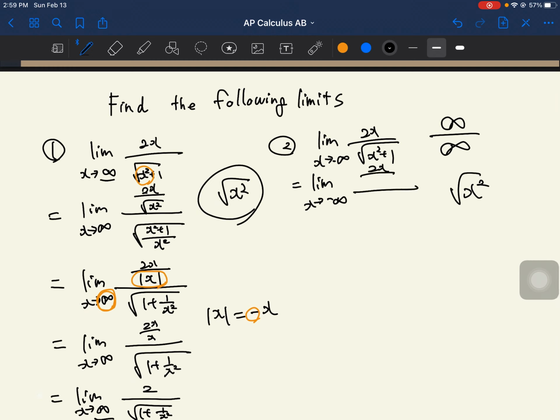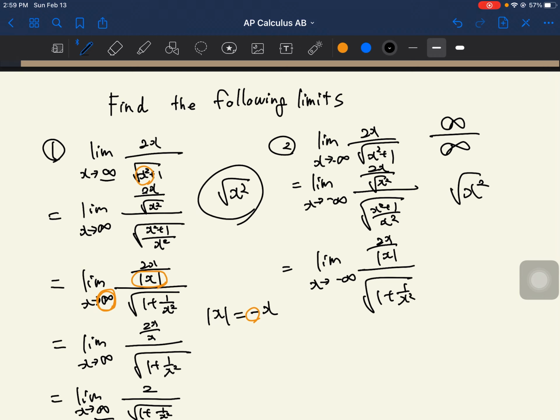Then it's going to be almost the same actually. Then 2x over the absolute value of x and the square root of 1 plus 1 over x squared.